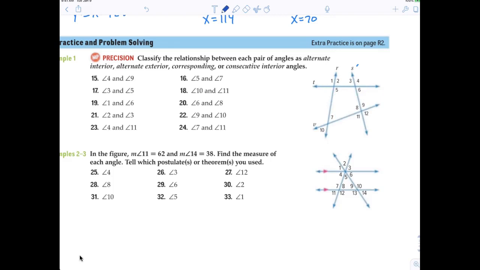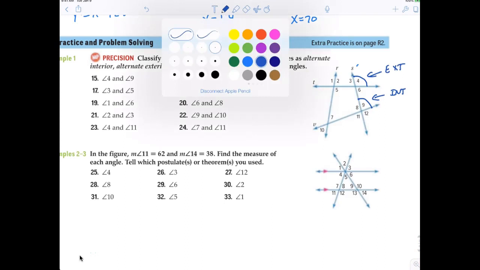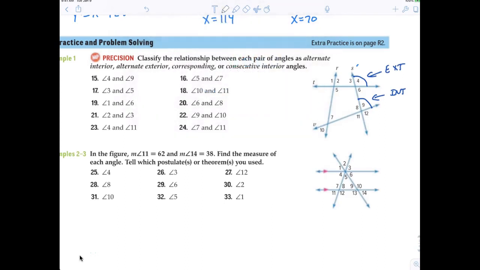I've got to look. 4 and 9. You said both, but they're both exterior. No. This 9 is on the interior. 4 is in the exterior. Okay, I'm going to show you something right here. Watch. Again, it was helpful if this is not here.